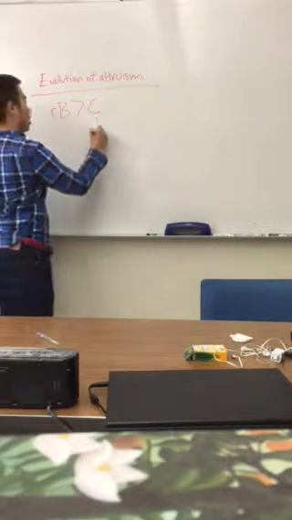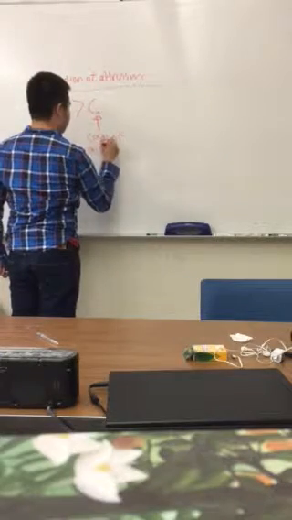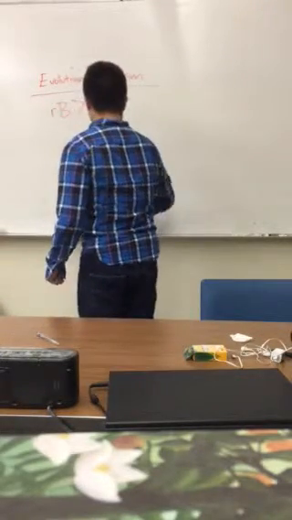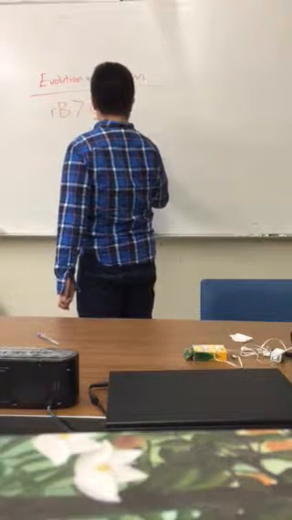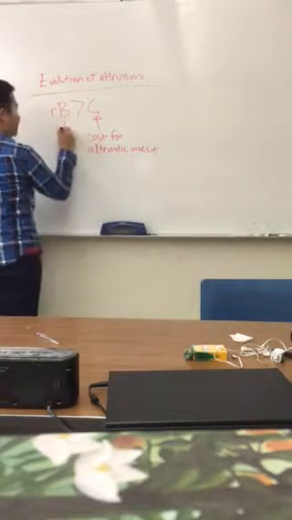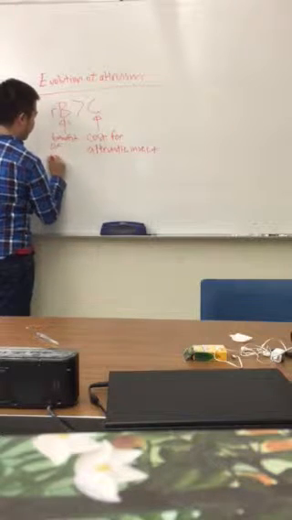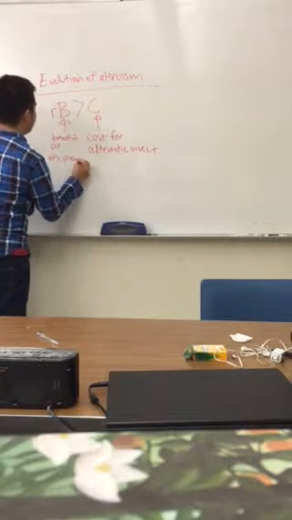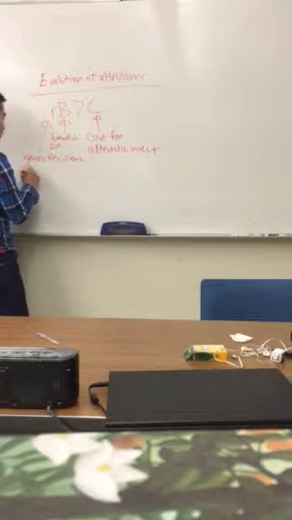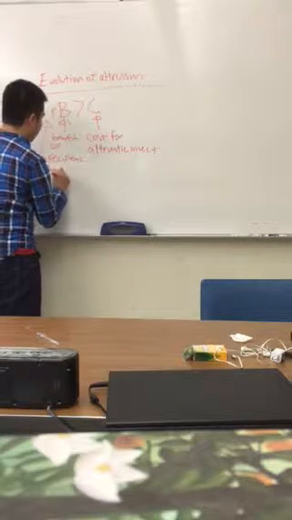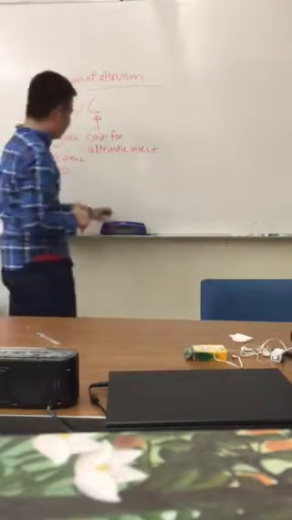So C here is the cost to the altruistic insect, and B is the benefit to the recipient, where R is the genetic relationship or relatedness of the two insects. So if RB is greater than C, that's when you get altruism.